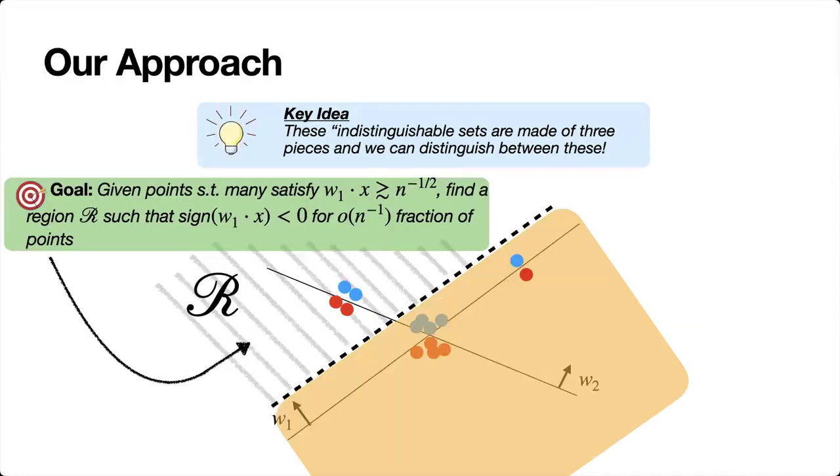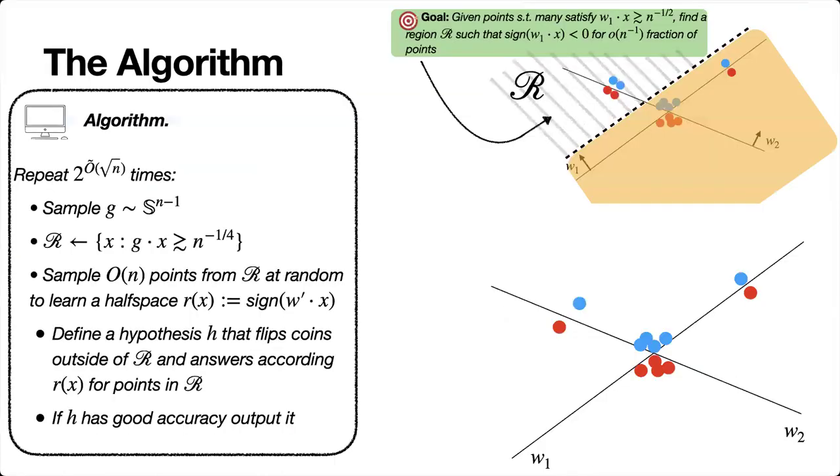And now, maybe I just want to take a step back and recast this a little bit and also put everything together to see what the learning algorithm ends up being. So our learning algorithm ends up doing the following. It's going to make a bunch of guesses, and most of these are going to be garbage. They're not going to be correlated to w1. But for each guess, I'm going to go ahead and form the region that we talked about and run the algorithm that we were discussing before.